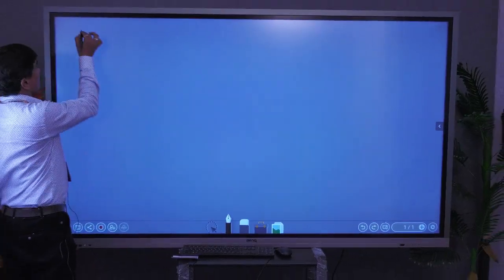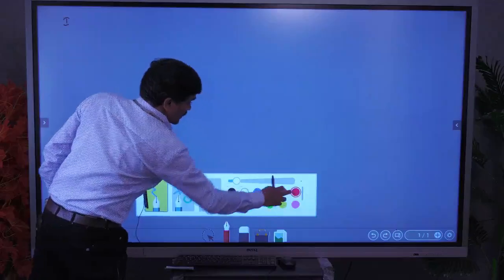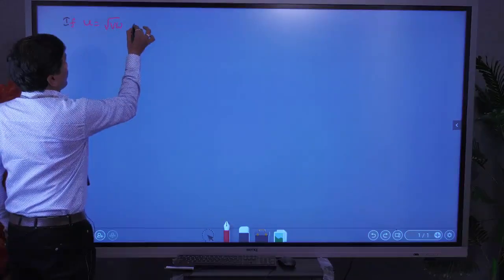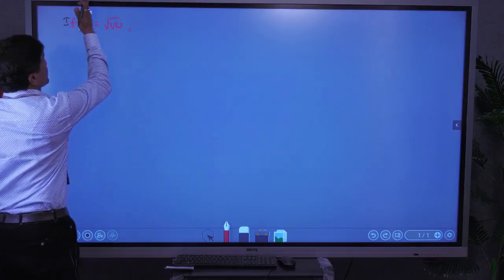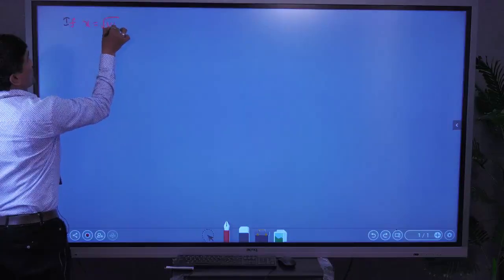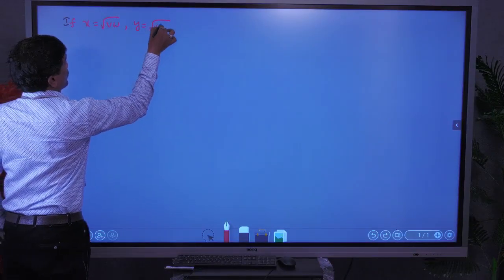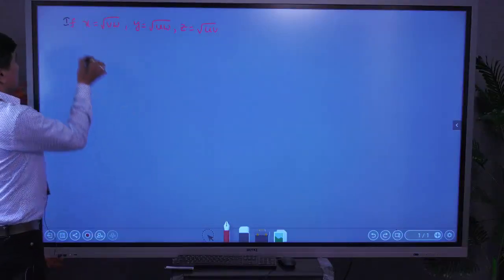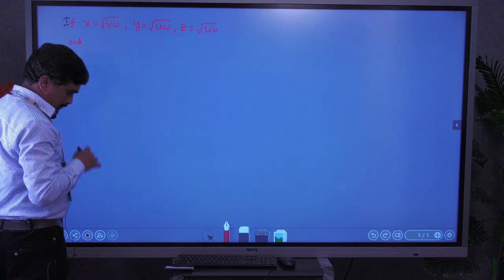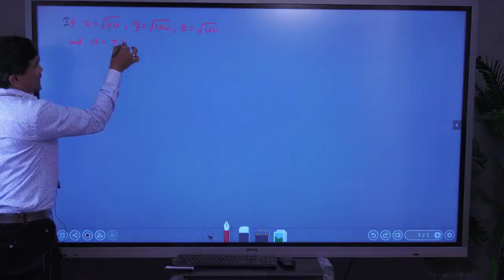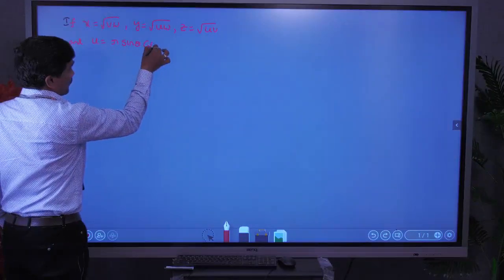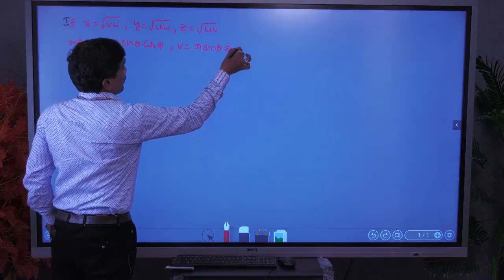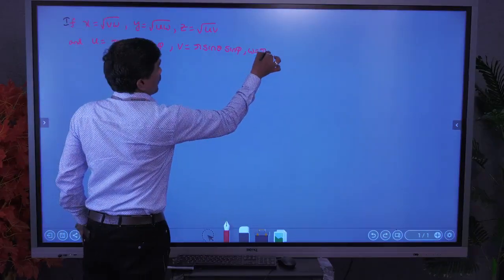Here, if x is equal to root vw, y is equal to root uw, z is equal to root uv, and u is equal to r sin theta cos phi, v is equal to r sin theta sin phi, w is equal to r cos theta.